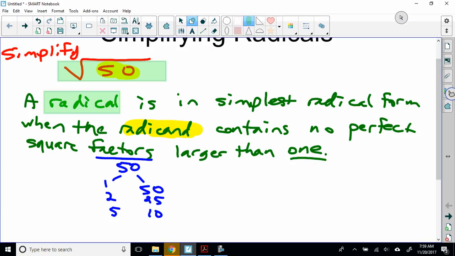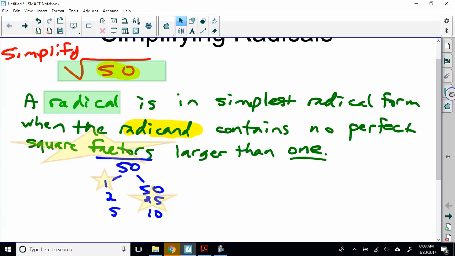The perfect square factors here are 1, and is there another perfect square factor of 50? 25. So the fact that 50 has a factor of 25 means we do have to simplify. It means that expression is not in simplest radical form. So hopefully you can understand when something can be simplified and when it can't. Does that make sense? All right.